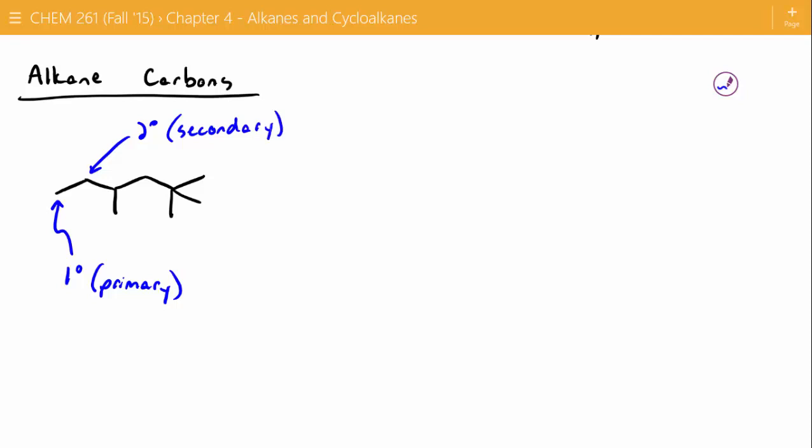And then over here we've got our tertiary, right? Pretty simple. We'll kind of see some of the reactivities, but tertiary carbons have their own unique set of reactivities that are different than primary carbons. And then last but not least, we've got our quaternary carbons.